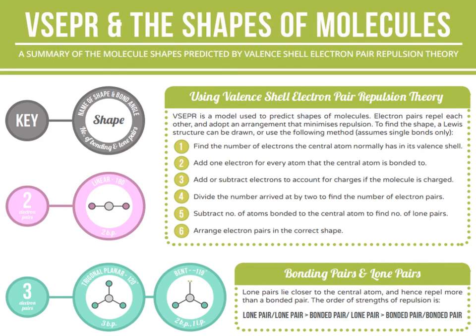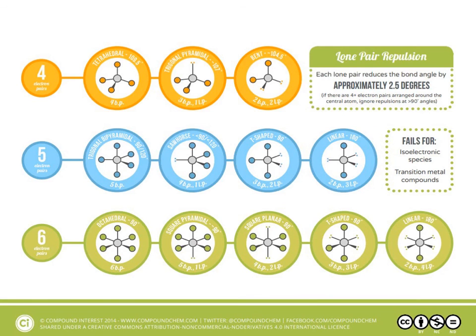As you get more and more electron pairs, there's more possibility of the type of shape, and you're going to see some more distortion.